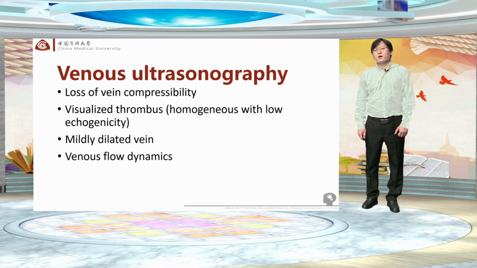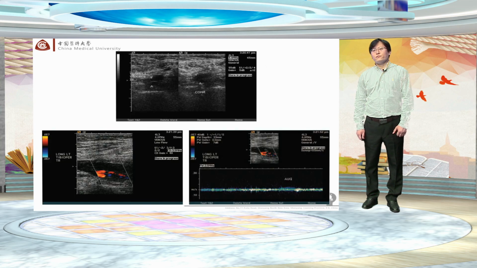We can also see a mildly dilated vein, and on venous flow dynamics, we can see low venous flow or even absent venous flow. Here are typical pictures of ultrasonography for DVT.